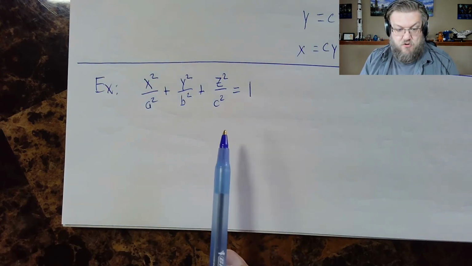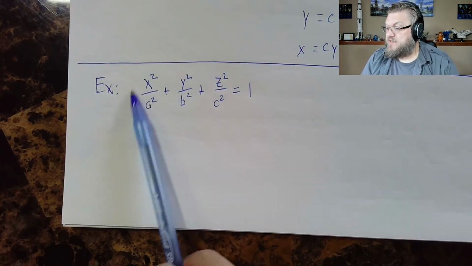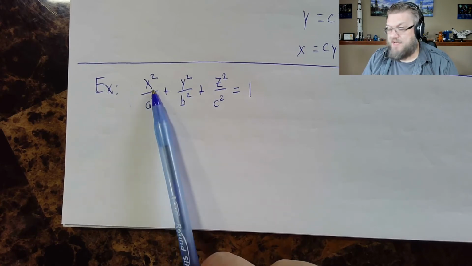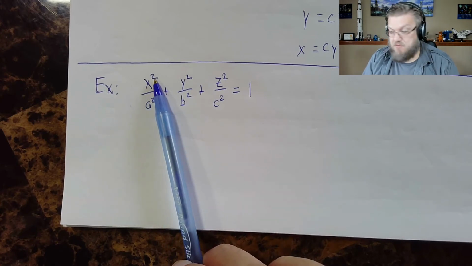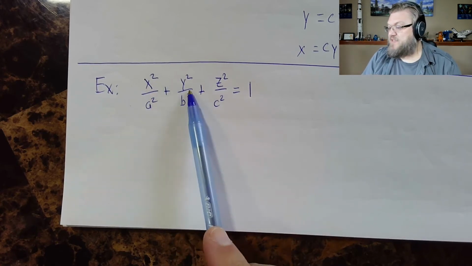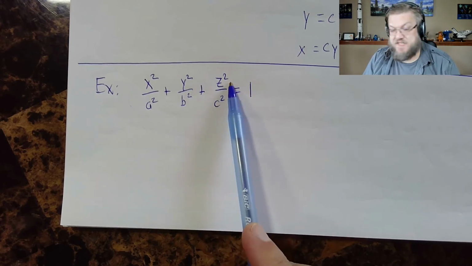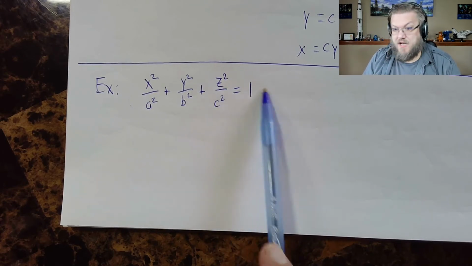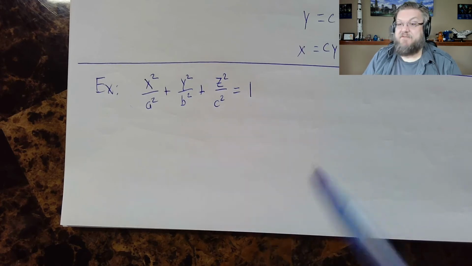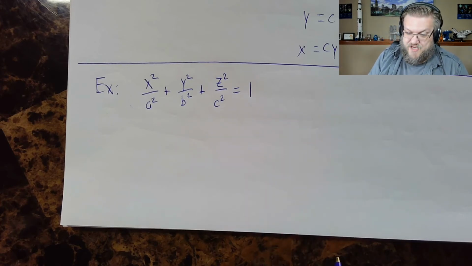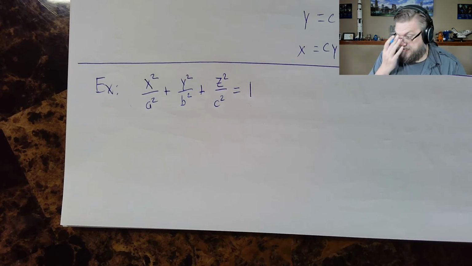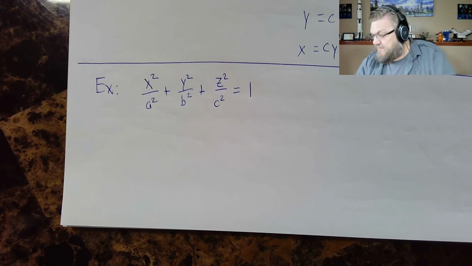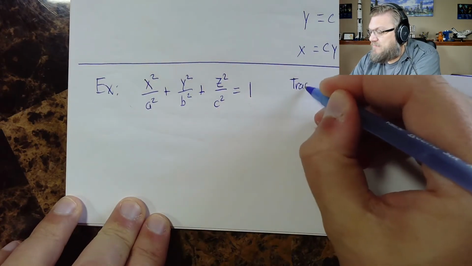That is an example of a quadric surface, right? There's a constant out in front times x to the second power, that's legit, plus a number times y squared plus a number times z squared equals a constant. So that fits the form of a quadric surface, right? Now, if I wanted to visualize what this was without GeoGebra, without an assistance here, we can utilize what we call the traces and see what sort of shape we get.